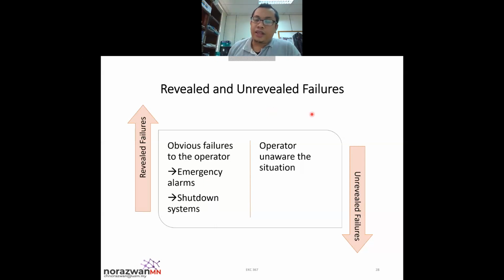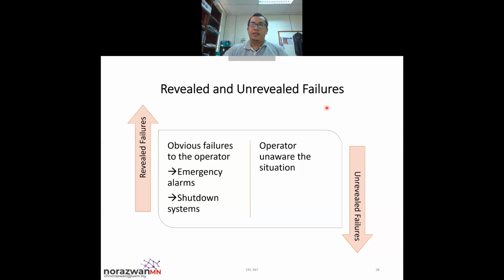For example, I can give you one scenario where revealed failures can be related to your car tire. When your tire is torn and out of service, you know, oh, my tire is out, I need to change my tire.